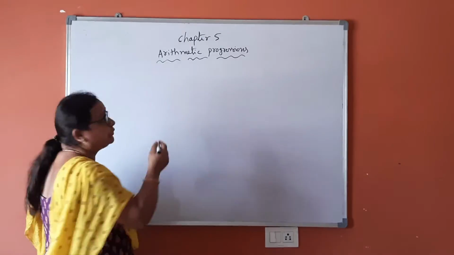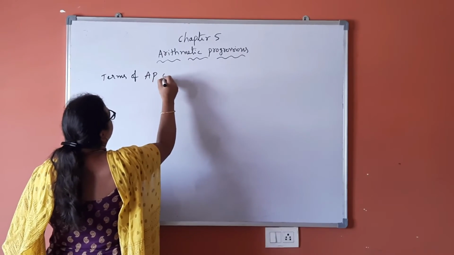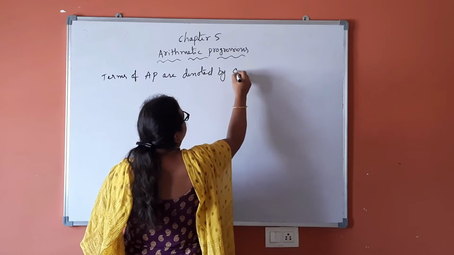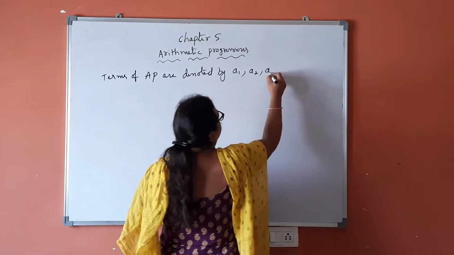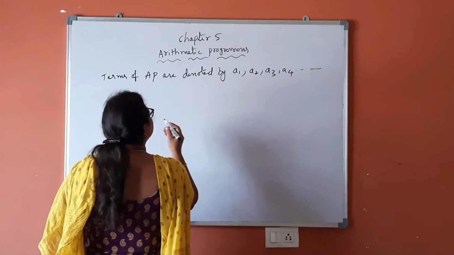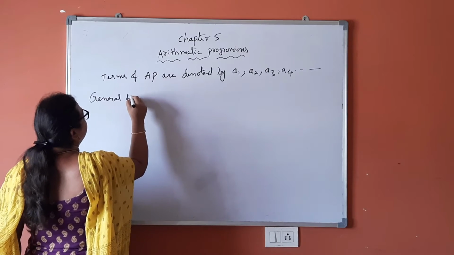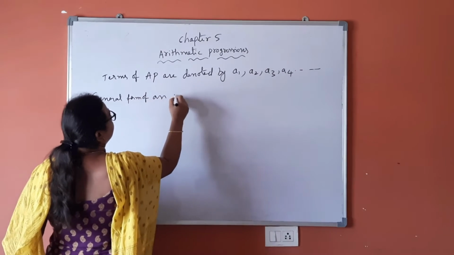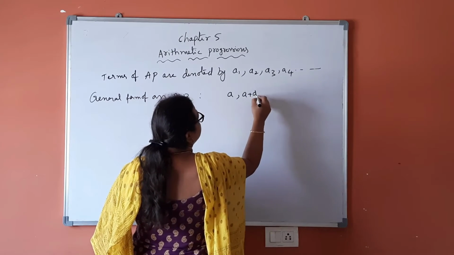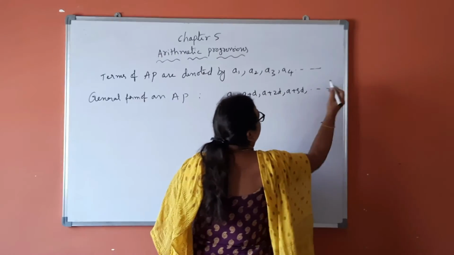Terms of AP are denoted by a1, a2, a3, a4 and so on. What is the general form of an AP? a, a plus d, a plus 2d, a plus 3d and so on.